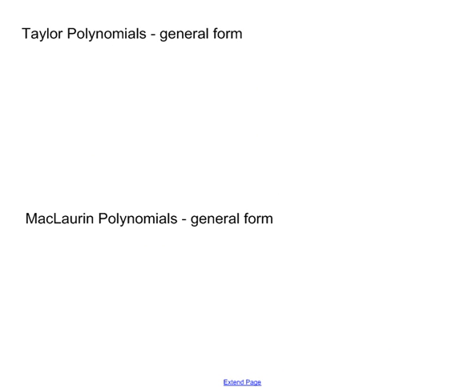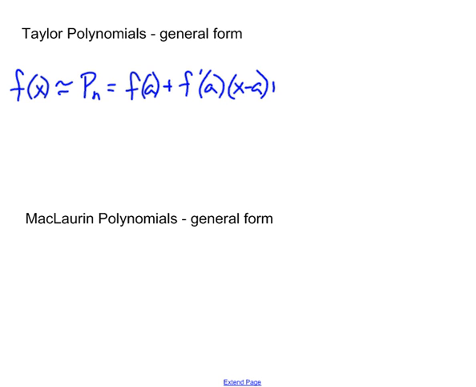All right, we're going to put in a general form. So based on what we just saw, the general form for a Taylor polynomial goes like this. f of x is approximately p sub n, which equals f of a plus f prime of a times x minus a plus f double prime of a times x minus a squared over 2 factorial plus dot dot dot, and here's our general term.